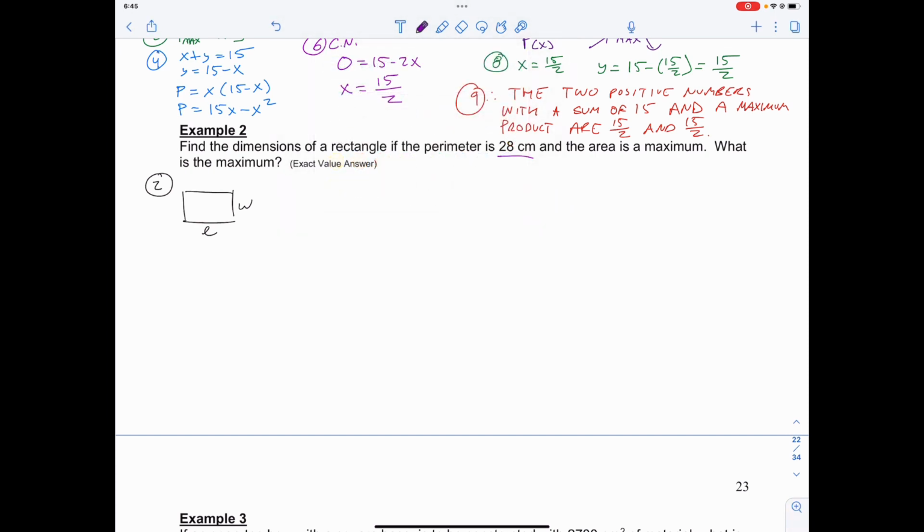And when we define our variables, we're going to say let L equal the length, let W equal the width, and 0 is less than L or W, which also has to be less than that perimeter because they're going to be smaller than the perimeter.